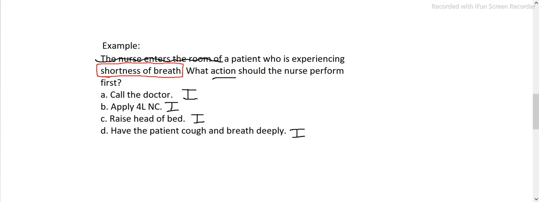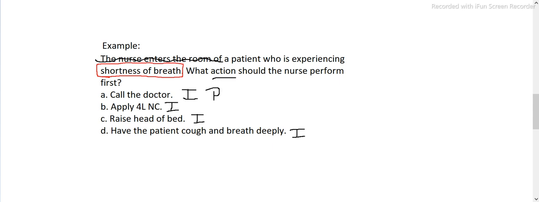So after that, we're going to apply Maslow's hierarchy of needs. So we're going to divide it into physical or psychosocial needs. Call the doctor. That's not really attending to either of the needs, but we could say he might give us some orders, and that would be attending to most likely the physical needs.